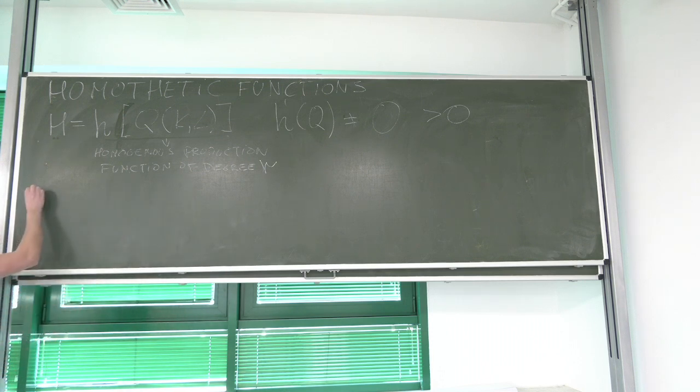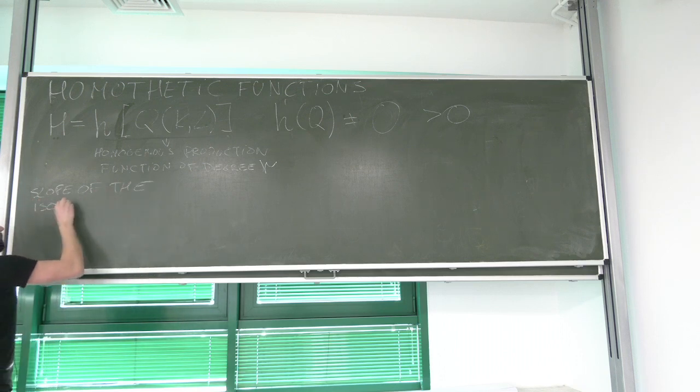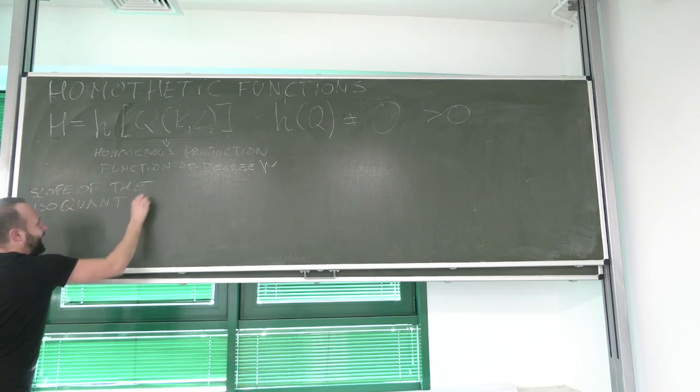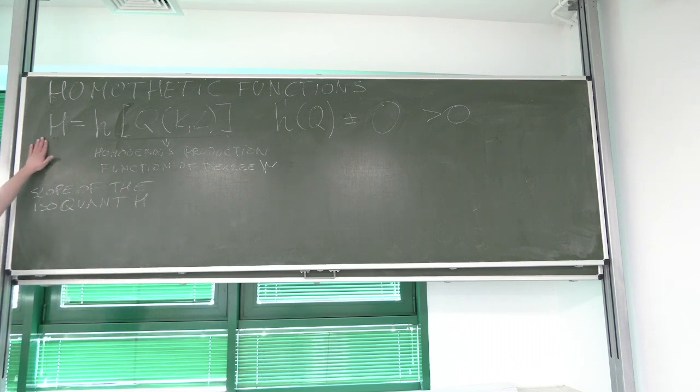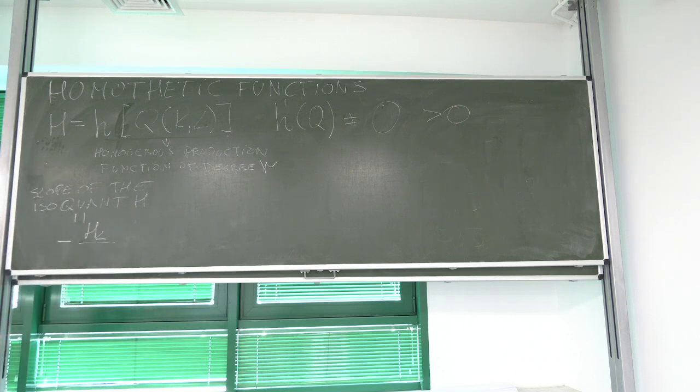Because look, we see that the slope of the isoquant h. So if we would like to calculate the isoquant for this function, what do we need to do? Well, the slope of this isoquant is going to be equal to negative h_L, which is the derivative of function h with respect to labor, divided by the derivative of function h with respect to capital.